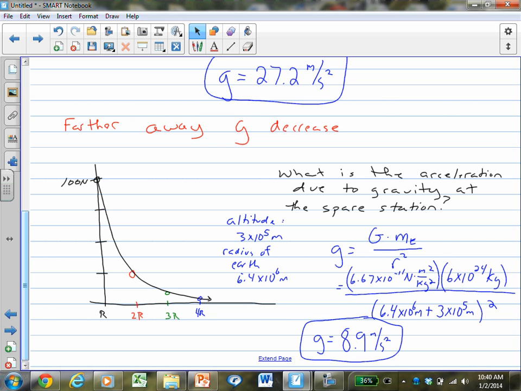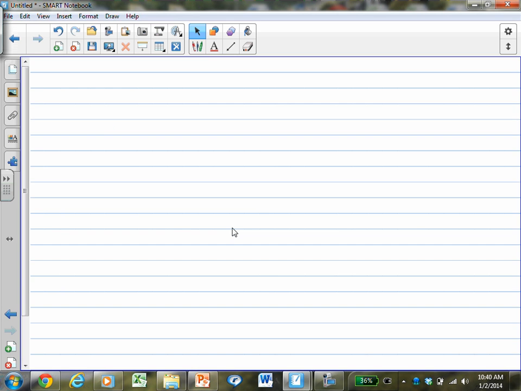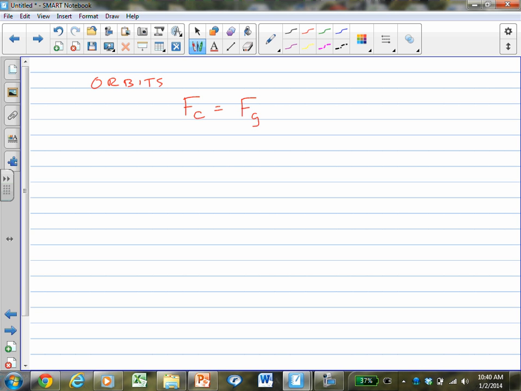Okay. Well, as in orbits, as objects travel in circles using gravity as a centripetal force, we saw that the centripetal force Fc is Fg.